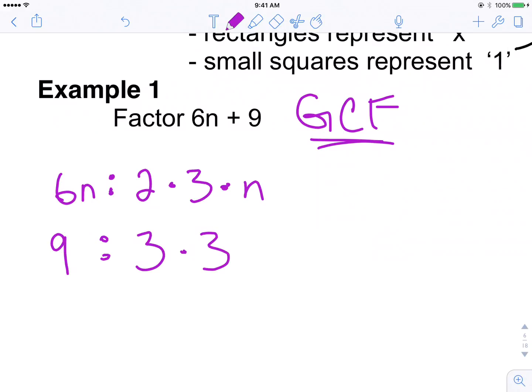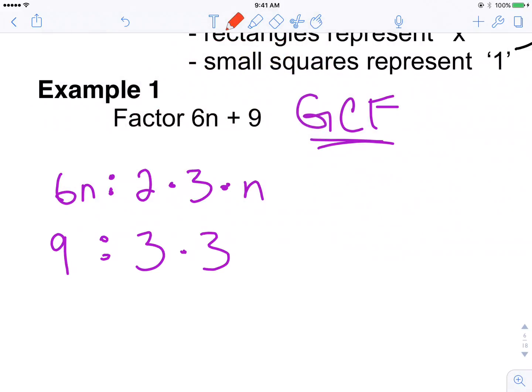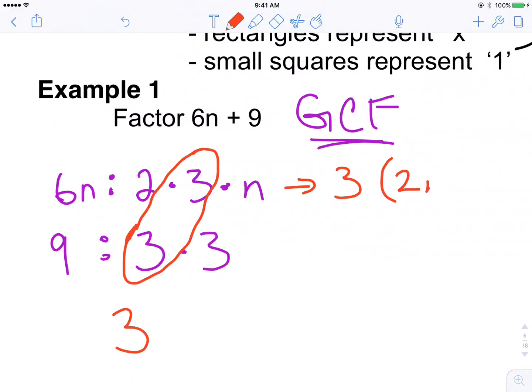Now that we have our prime factors, just like we were looking at numbers and greatest common factors of other things the other day, I can say the greatest common factor is the number that's common. If I take my prime factors, the common one, 3, is my greatest common factor. If I factor out a 3 from 2 times 3 times n, I'm left with 2n.